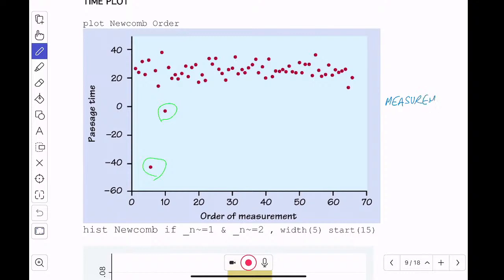Measurement error is when you actually measure the value incorrectly. Like if you use a scale, but the scale wasn't calibrated correctly, or if you use an instrument, or let's say they were using, I don't know what they had to measure time back then, but maybe their stopwatch, but they were just trying to get used to using it and starting it and stopping it.